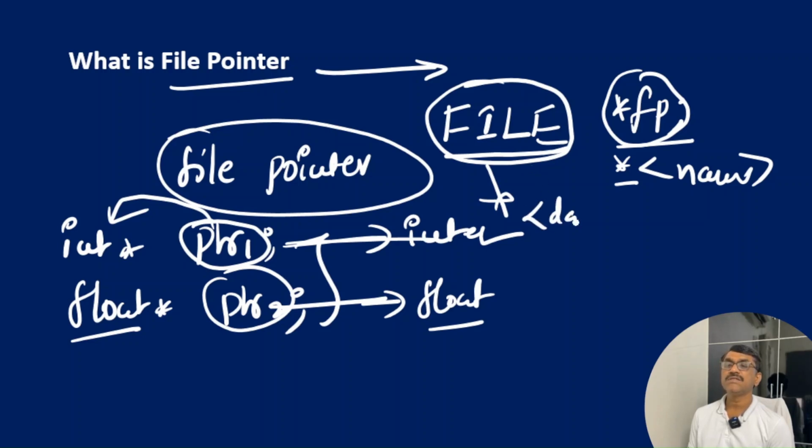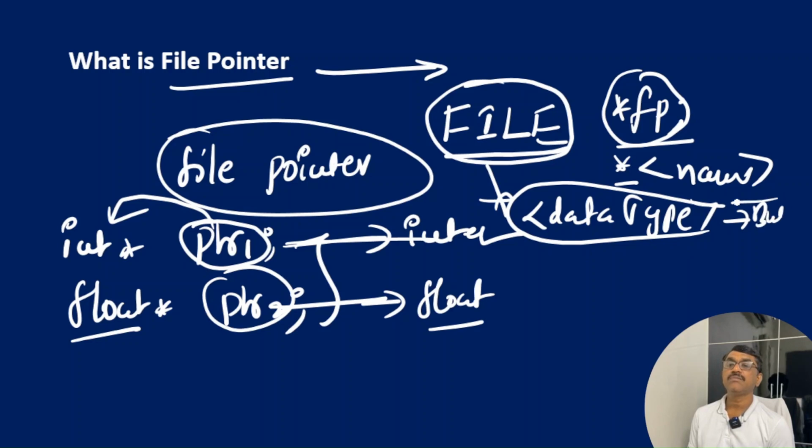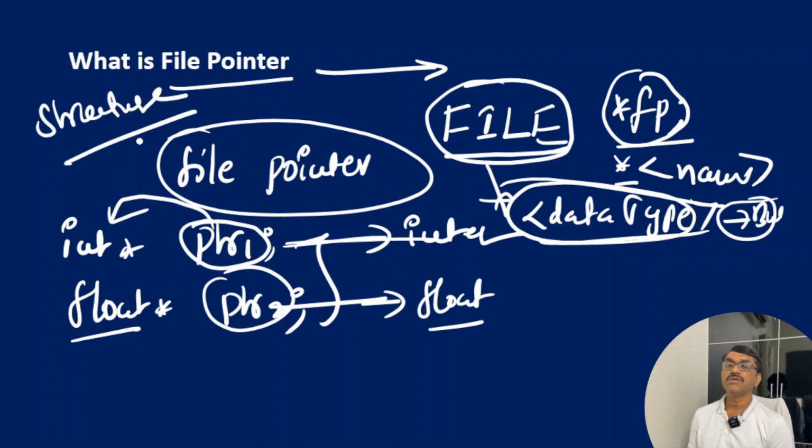Can I say it is a data type? No, it is not a user defined or built-in data type. It is a type of structure. You should know that FILE is the user defined data type called structure.